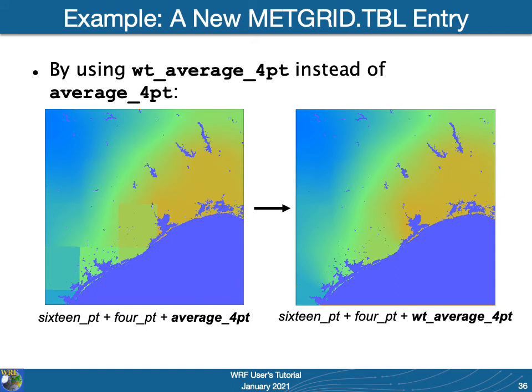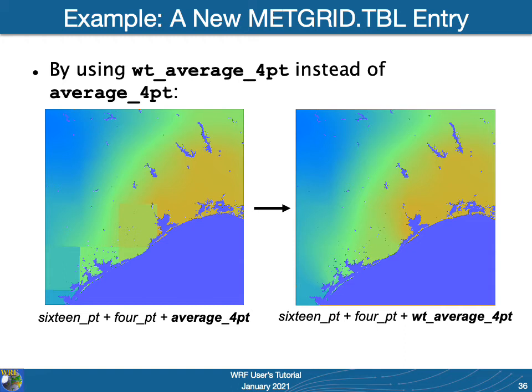So there's one final improvement that we can try to make to our metgrid table entry for soil moisture, and that should help the interpolation along the coastline here. So we noted that the values of the soil moisture field looked somewhat blocky, and that's because for every one of the model grid points that lies within one of these regions, for example, the one that's being indicated by the laser pointer, we're simply taking an average, an unweighted average, of any of the 4 surrounding GFS points that are not missing.